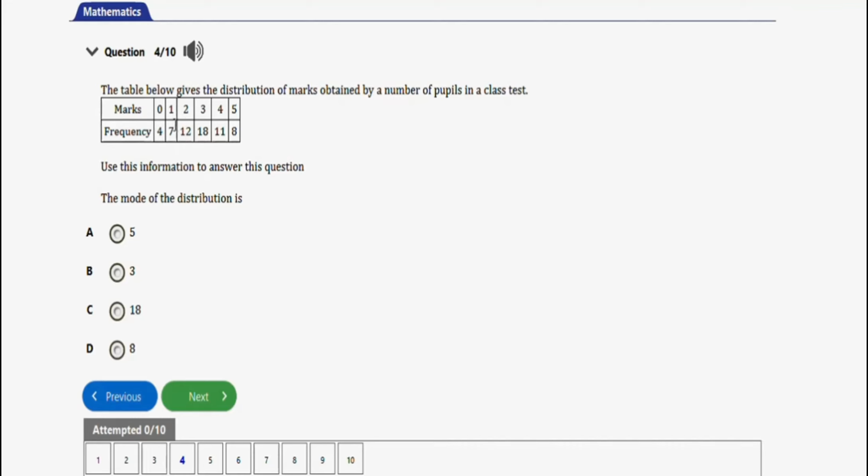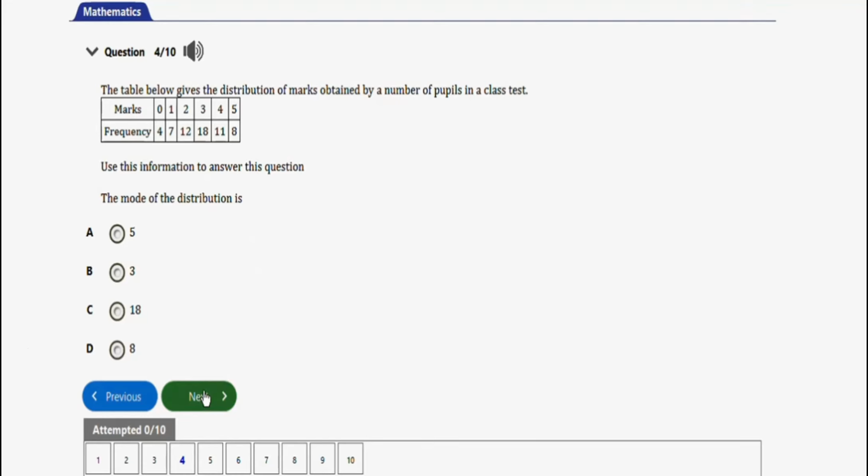The highest occurring frequency here is at mark 3, because at mark 3 we have 18 of it, so the frequency is 18. So the right answer to this question is option B, which is 3. The mode of the distribution is 3. That's it for this question.